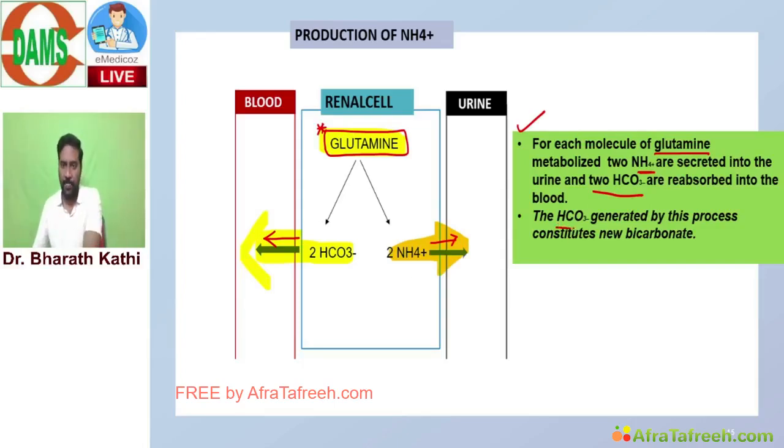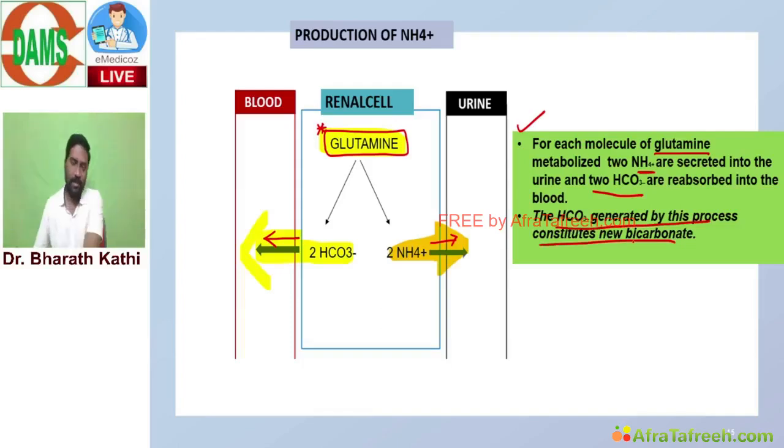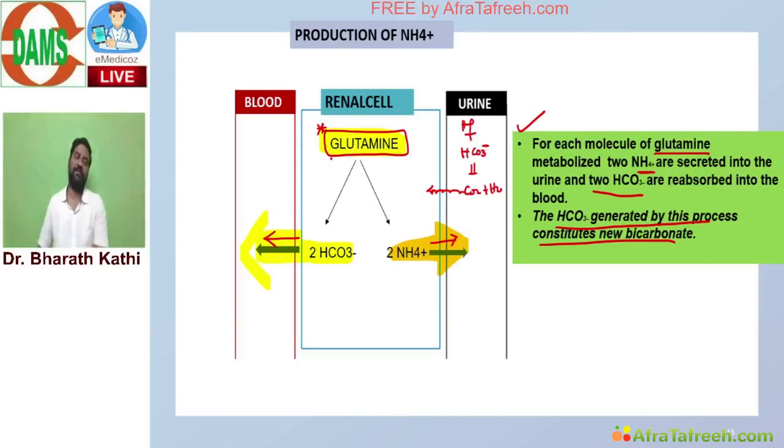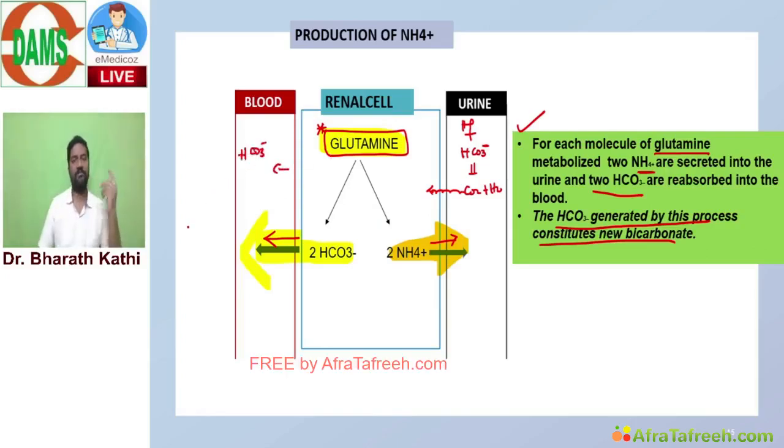The final result is that the bicarbonate generated by this process constitutes new bicarbonate. Previously, there was bicarbonate in the urine. This bicarbonate used to combine with H plus and give CO2 plus H2O. This CO2 used to come into the cell, the process used to continue, and bicarbonate ultimately went into the blood. That was what we discussed previously, reabsorption of bicarbonate in the proximal convoluted tubule.